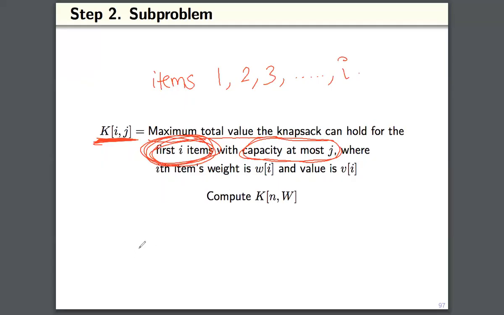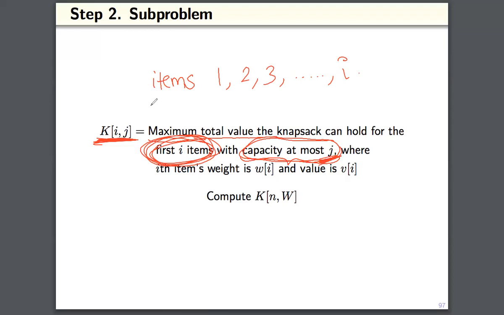So what does this mean? With capacity at most j. What is the meaning of capacity at most j? You mean the maximum weight, the knapsack size.